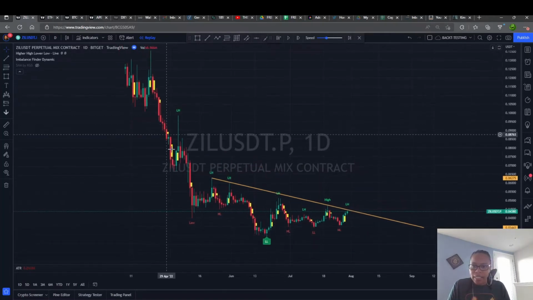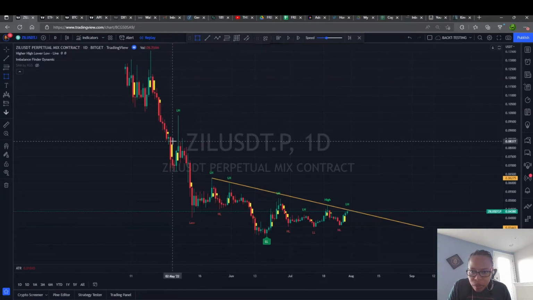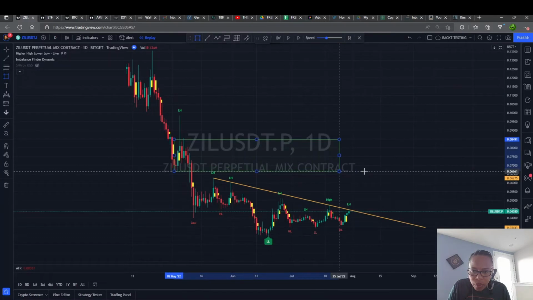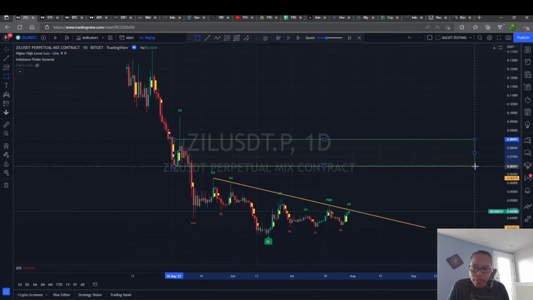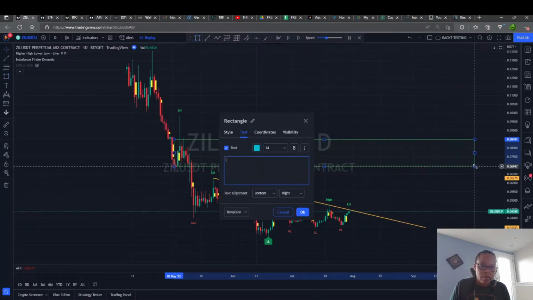Here on the daily is a drop, base, drop. That means this area on the daily, for you day traders, would be considered a natural supply area. No, this is DBD.